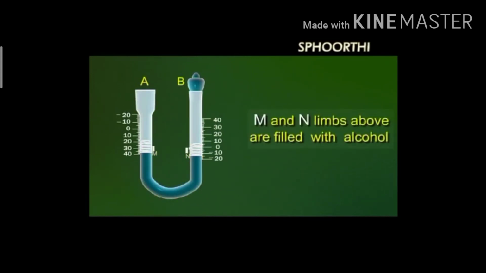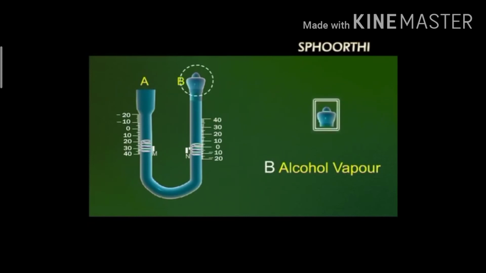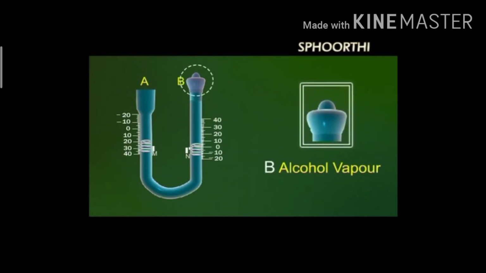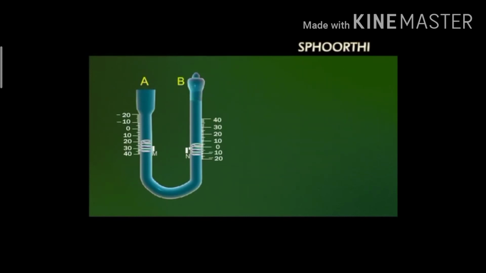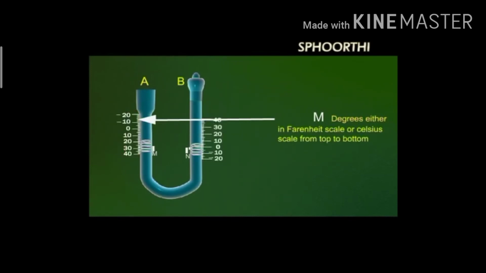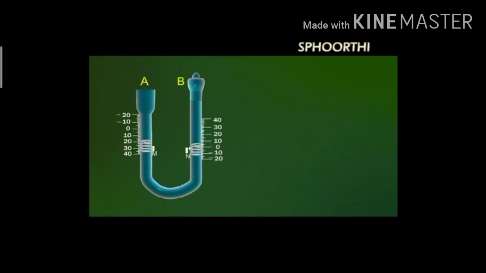The limb above M and the other limb above N are filled with alcohol, and the space B contains alcohol vapor. The limb M is calibrated in degrees, either in Fahrenheit or Celsius scale, from top to bottom, and the other limb N has readings in the opposite manner.